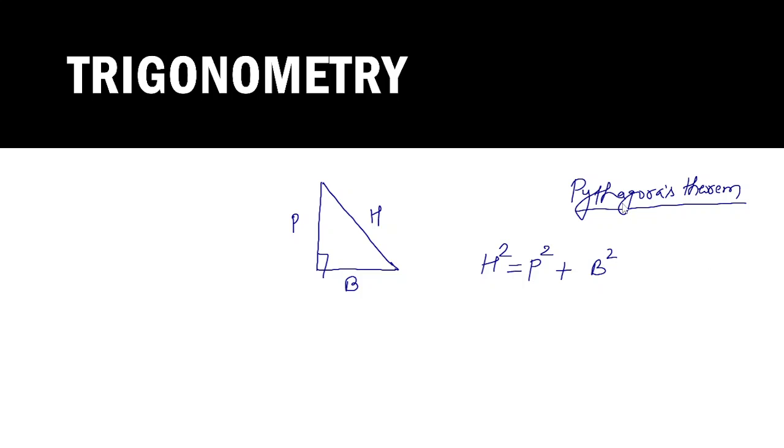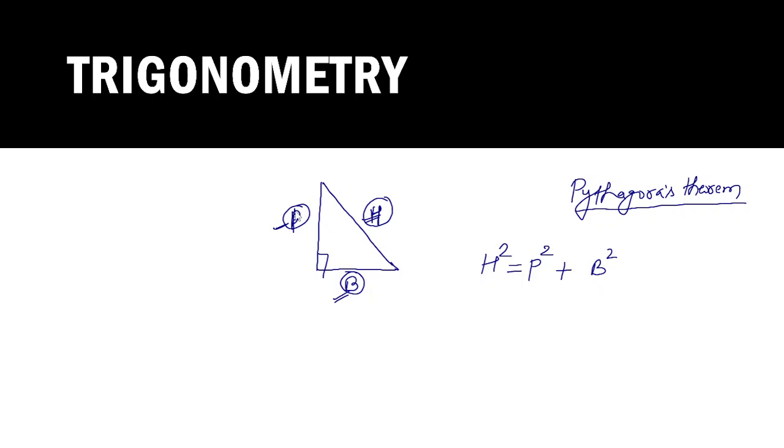So what is the use of Pythagoras theorem? The use of Pythagoras theorem is that when we know two sides of any right angle triangle, we are able to calculate the third one. When we know the perpendicular and hypotenuse, then we are able to calculate base.